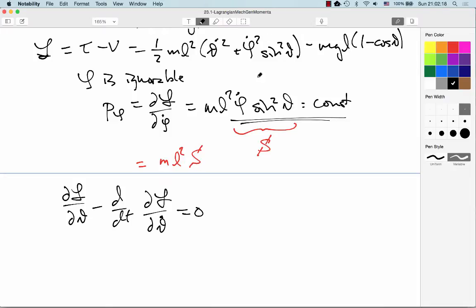So let's tackle this one first. Because it's sine squared theta, when I differentiate that, I'm going to bring down the 2, right? Cancels the half. So I will have m L squared phi dot squared sine theta. And then I have to differentiate what's inside the sine squared, which is sine, so that gives me cos theta.